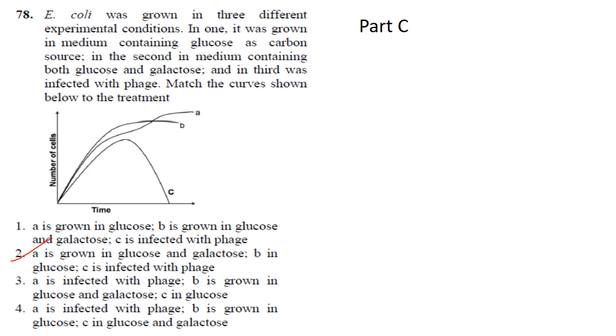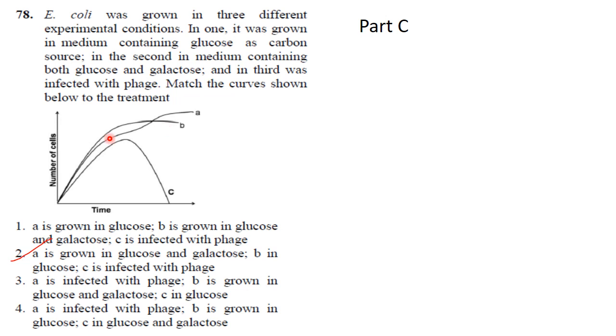So the C curve should be the one which is infected with phage. That is why there was growth, then there was a decline in the number of cells. So C must be infected with phage. Then B should be the normal growth curve, that is in the case of glucose.